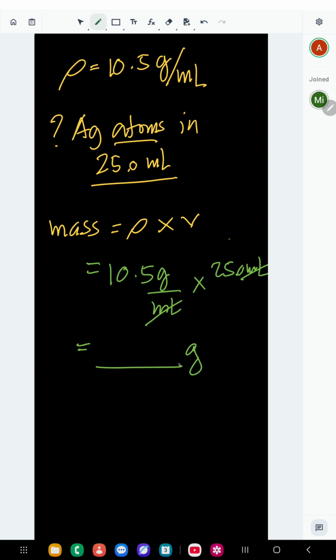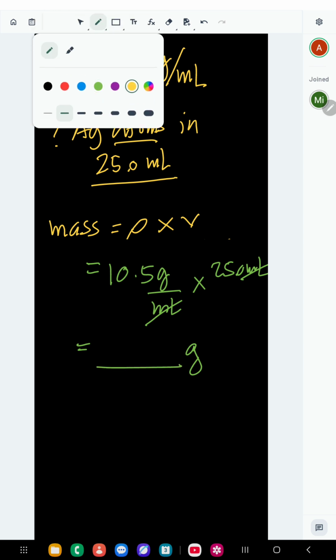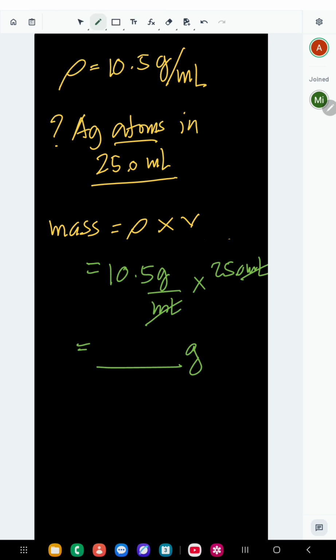So what is the mass? You can use your calculator. 10.5 times 25. Okay, so 262.5 grams of silver.